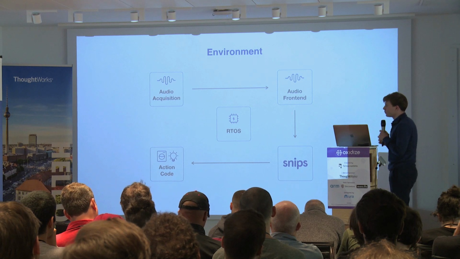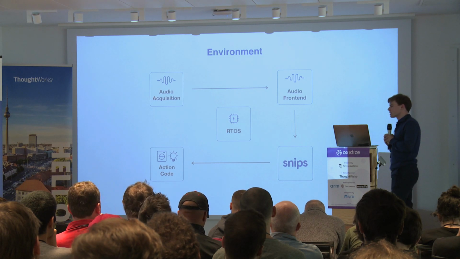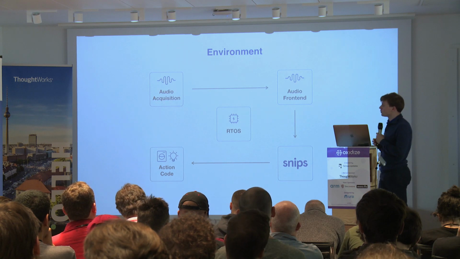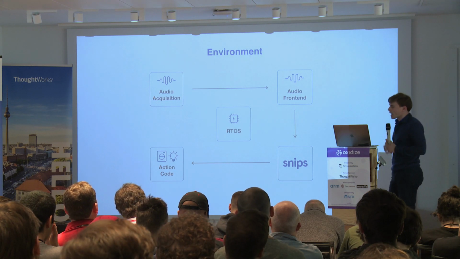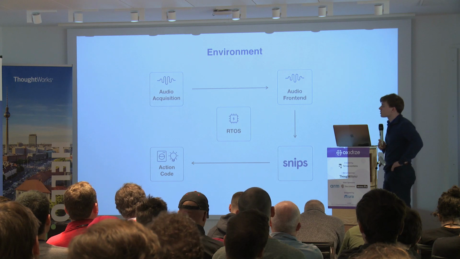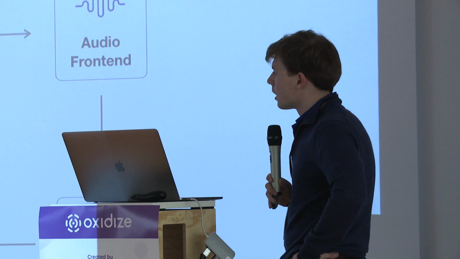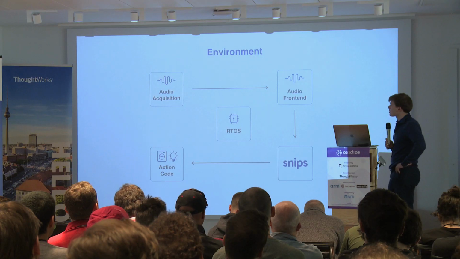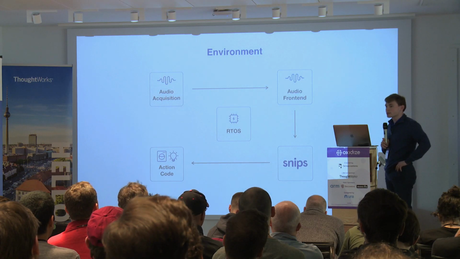So in which kind of environment are we running Snips? The first thing to do in the system is the audio acquisition, and there is some transformation happening inside. It takes a lot of RAM because you need to buffer the audio. Then it goes to a second brick, the audio front-end.